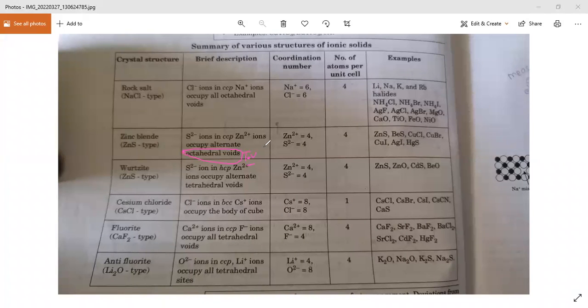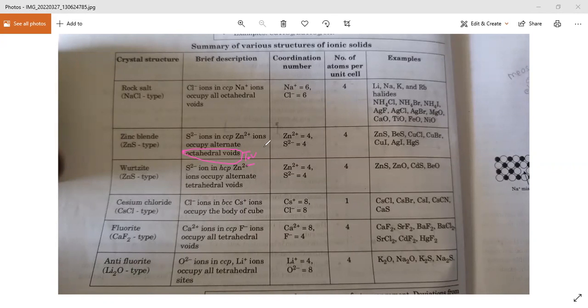Next one is wurtzite. So it is also one type of ZnS structure only. But what is the difference between the wurtzite and the zinc blende? In the case of wurtzite, S minus is occupying the HCP lattice, not the CCP lattice. So anions are occupying the HCP lattice, and Zn plus 2 cations are occupying the alternate tetrahedral voids.